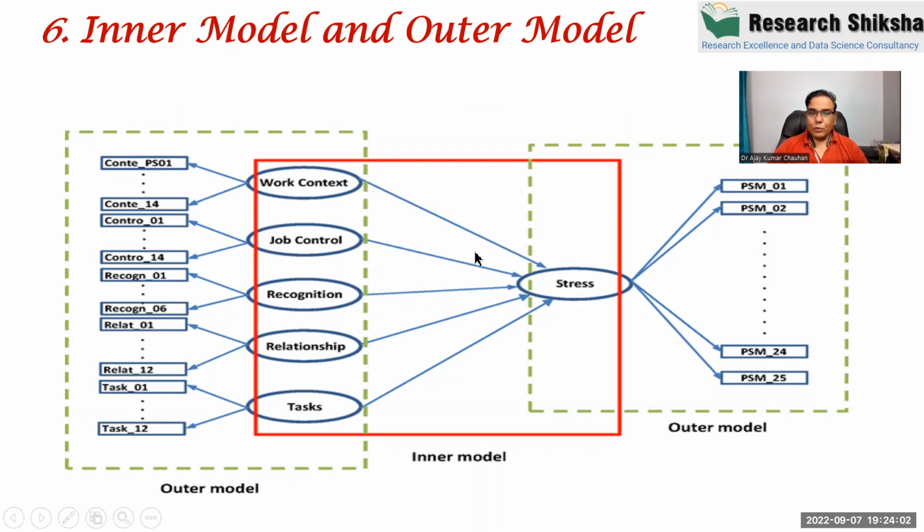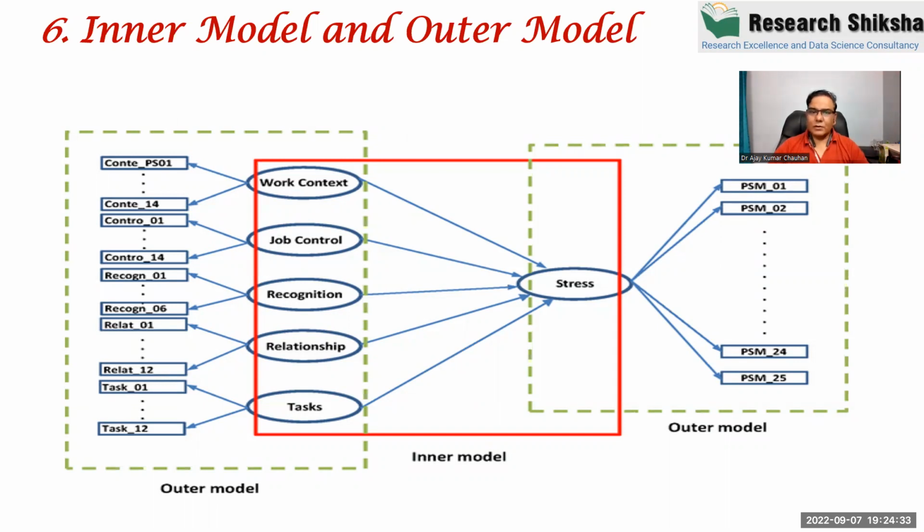Between blue and blue, between construct and construct, is called the inner model. And the dotted green lines are between construct and item.